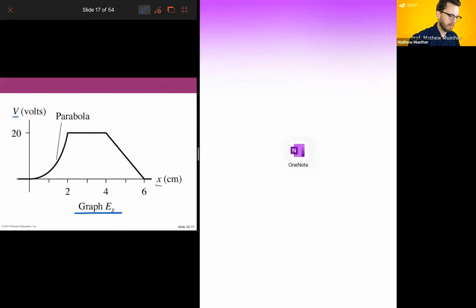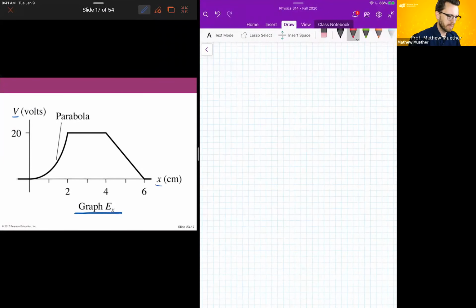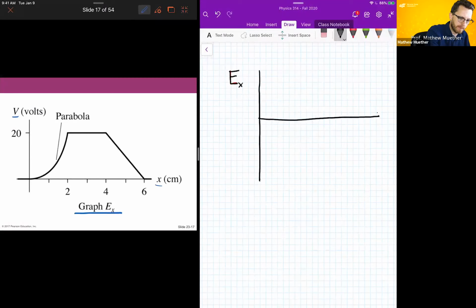Let me get my notepad here. Okay, so let's try to draw a graph of the electric field. Let me get black here. The electric field with respect to x. Let me draw this out here.